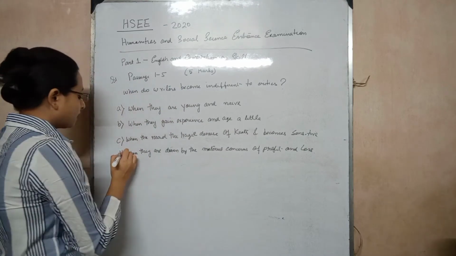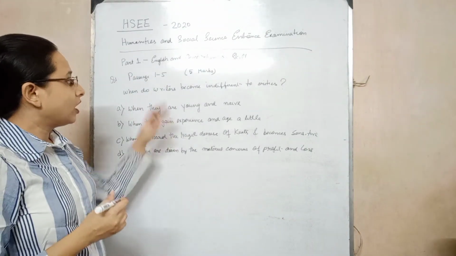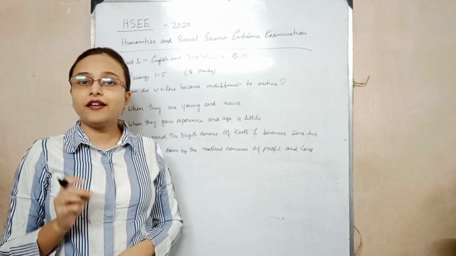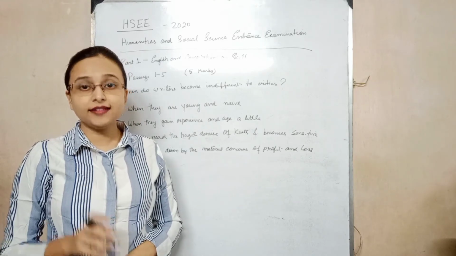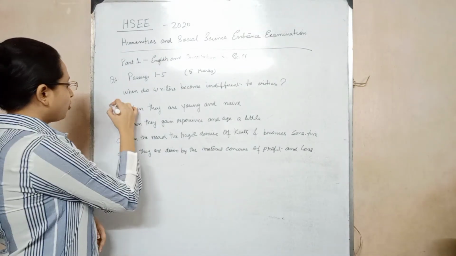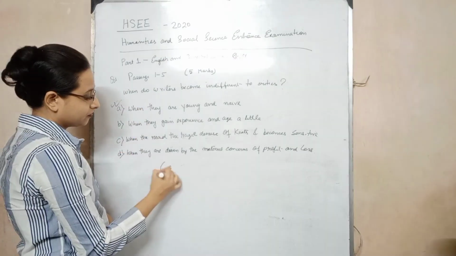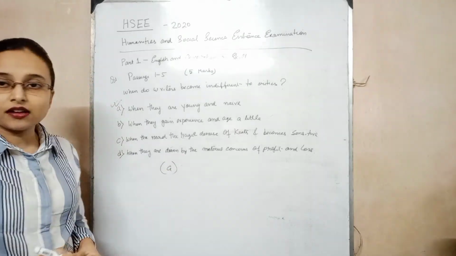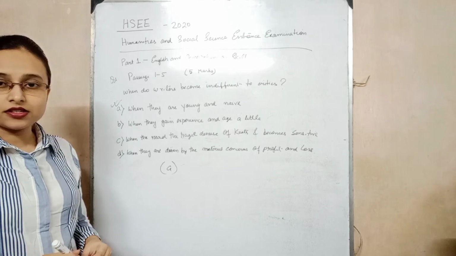Okay, this was the fourth option. Now from this, if you read the paragraph, you will understand the correct option is A. That is, when they are young and naive. This is the correct answer. So I will choose option A. Kindly take a screenshot of this so I can erase it.